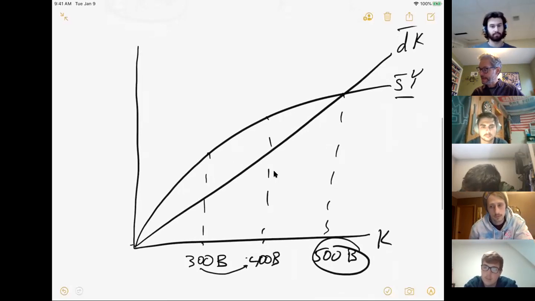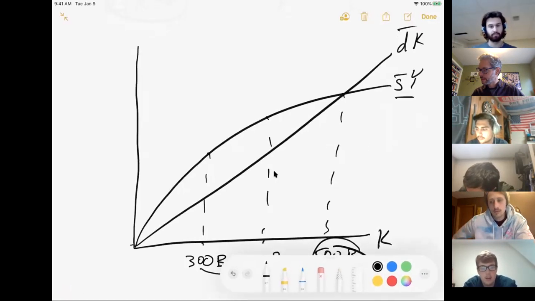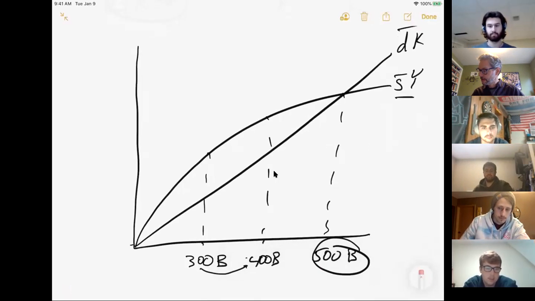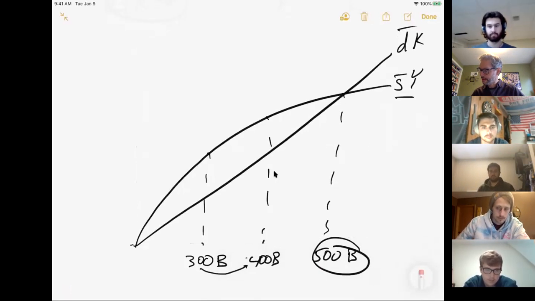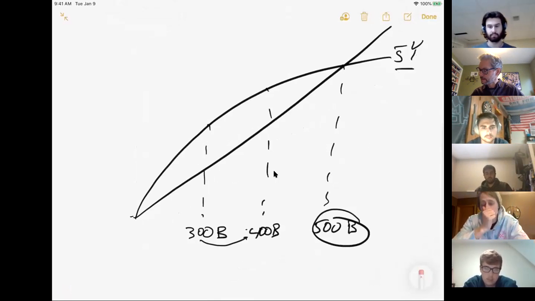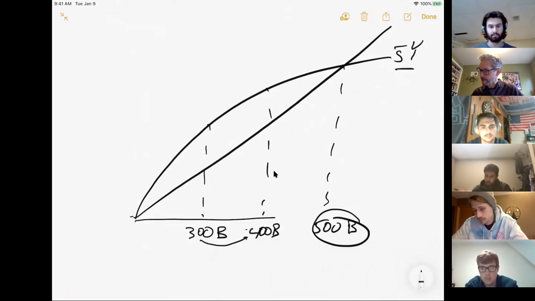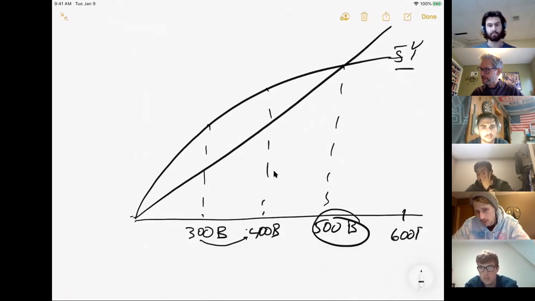What about part B? Well, part B says, now assume that we begin at 500 billion and we're given 100 billion so that we move up to 600 billion.